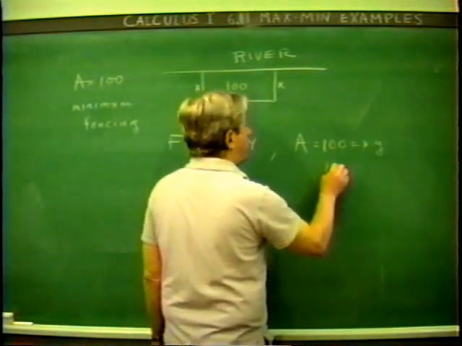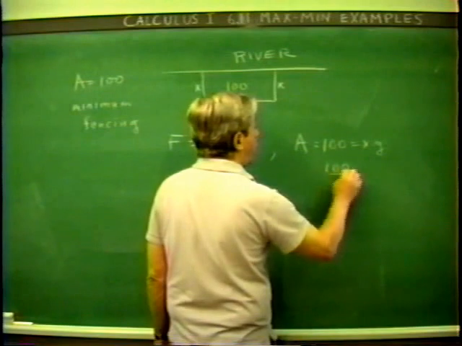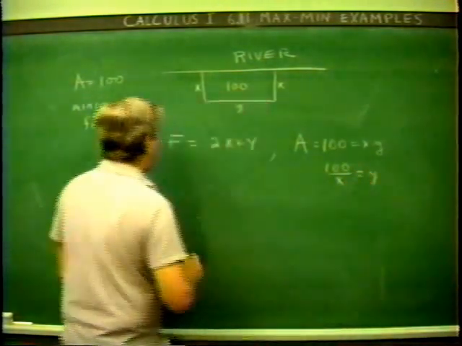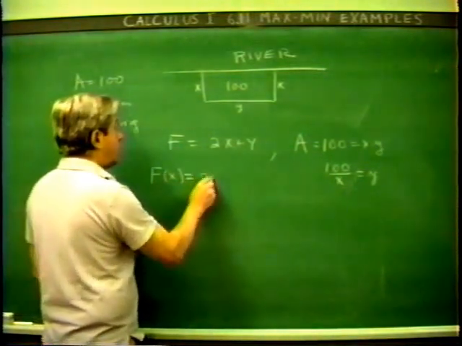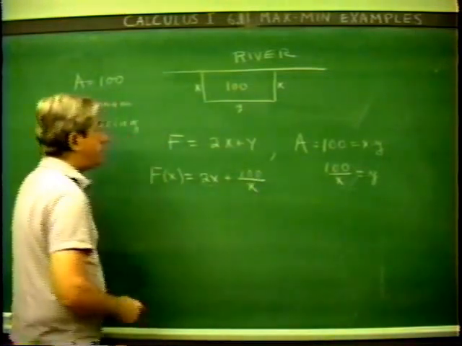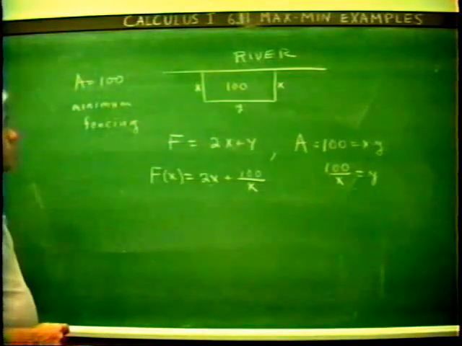So we can write the fence as a function of one variable, because 100 over x is equal to y. And so the fence as a function of x is equal to 2x plus 100 over x.